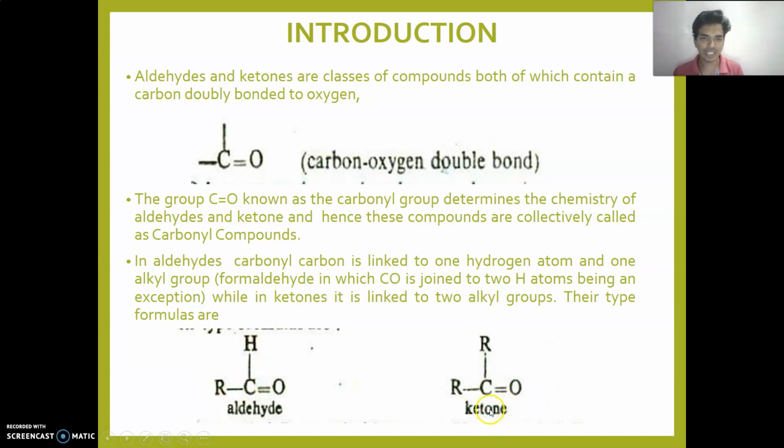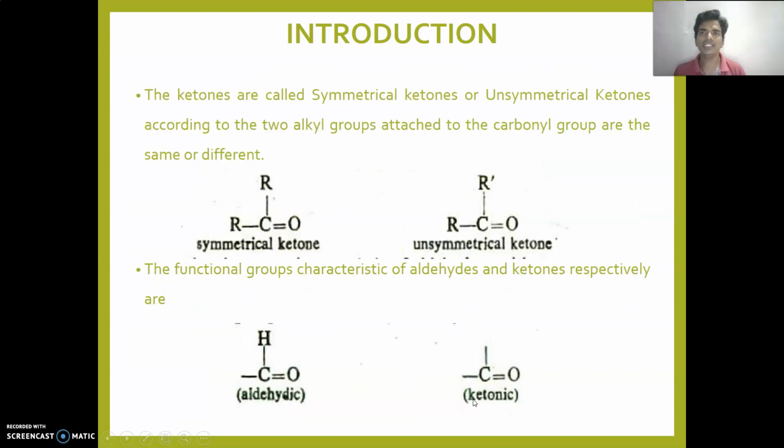While in the case of a ketone, the carbonyl group is linked with two alkyl groups. Then these ketones are called symmetrical ketones or asymmetrical ketones, according to the types of the alkyl groups present on the carbonyl carbon.